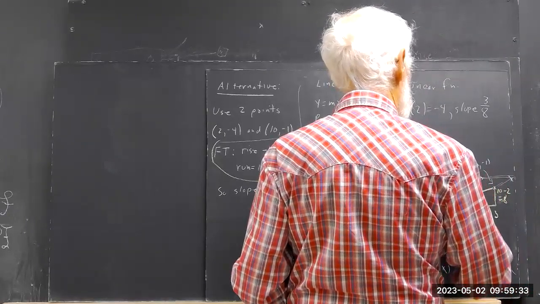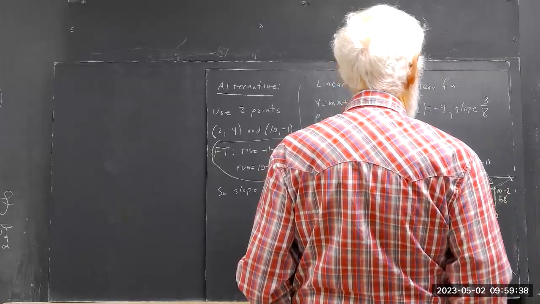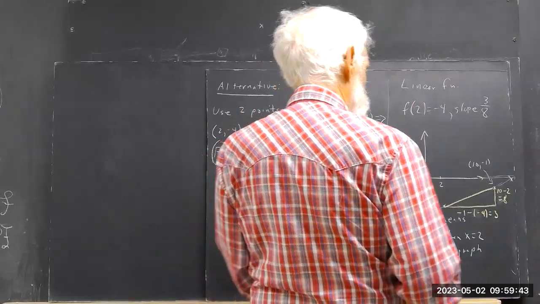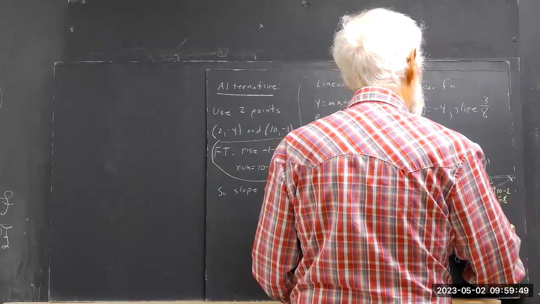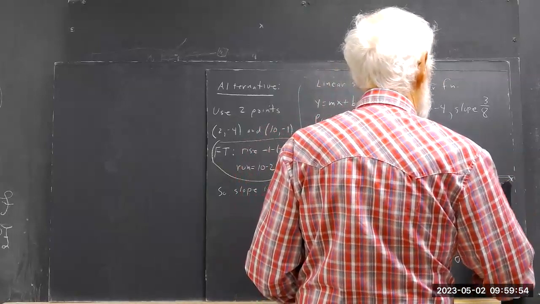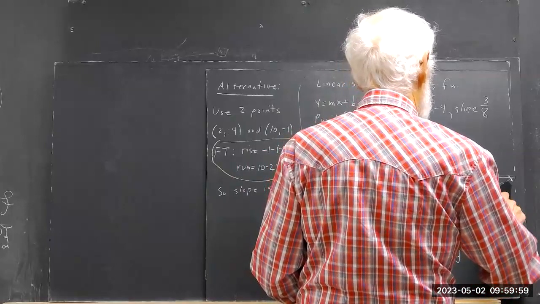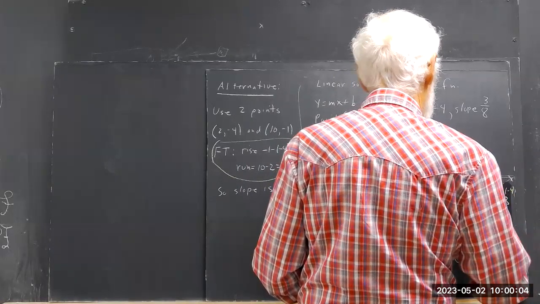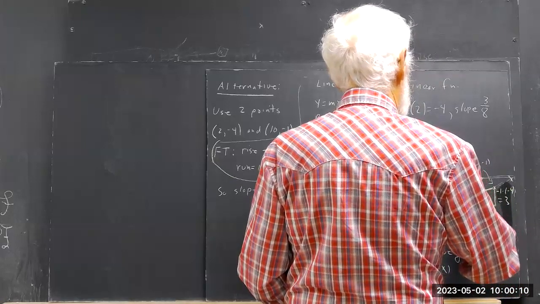And the slope is then... Run is 10 minus 2 equals 8. And the rise is -1 minus -4 equals 3. So the slope is rise over run, 3/8.